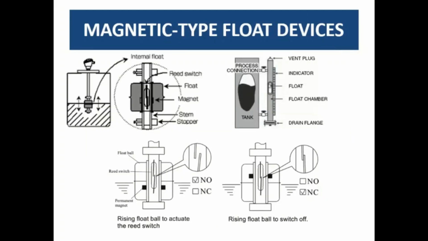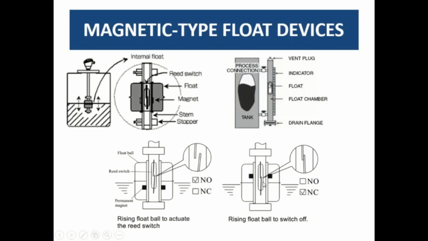This is simply a rising floating ball to correct the reading switch. Let's suppose you have installed a permanent magnet over here, and it is attached to this floating ball. You can clearly see this element is above this level, so that means it is normally open.